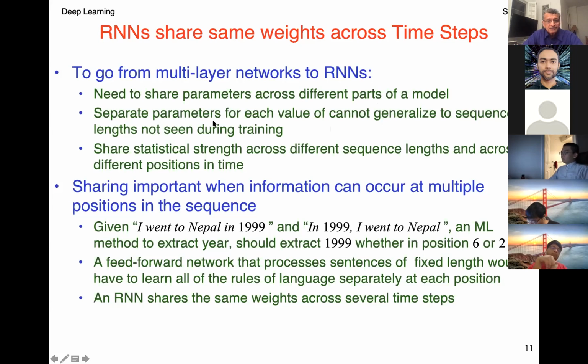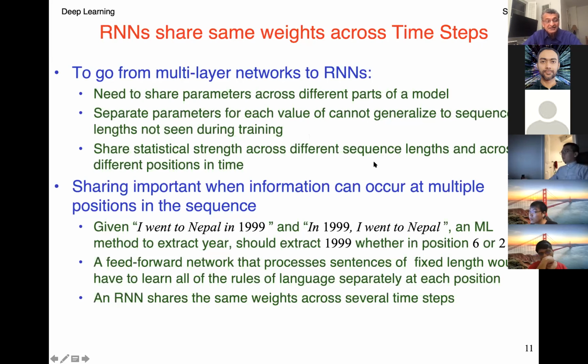Here again, separate parameters for each value cannot generalize to sequence lengths not seen during training. So we are using the same set of parameters, to share statistical strength across different sequence lengths and across different positions in time.